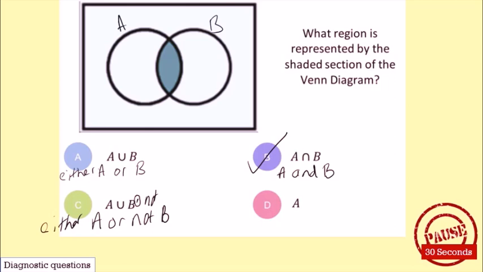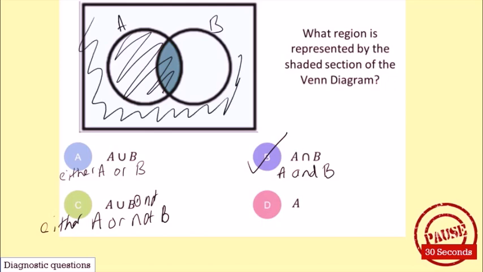Either A or not B could be A, so all of that circle represents A, and if it's not B, it can't be in the B circle. So anything on the outside of B would be not B. So anything that's either in A or on the outside of B would be C. That's what C would look like.